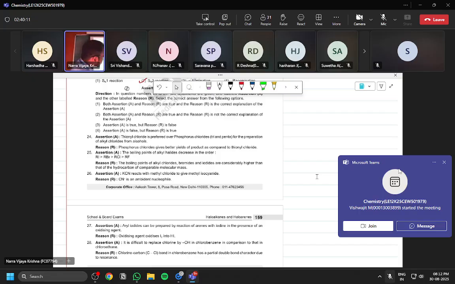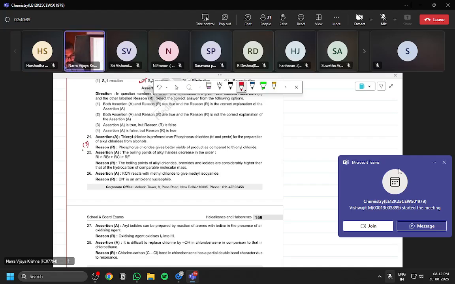Phosphorus chlorides give better yields of product as compared to thionyl chloride. No. Why SOCl2 is preferred? SO2 gas is escaped. Equilibrium reaction shifts in forward direction. So assertion is true. Reason is false. So answer is 3. Correct?